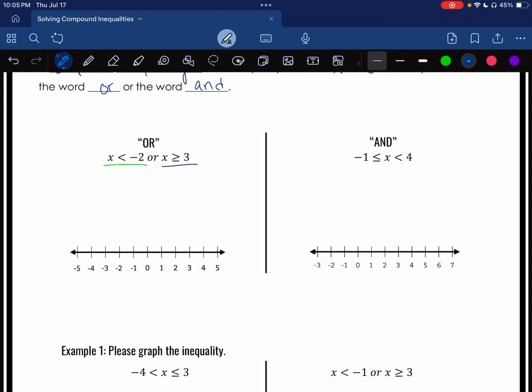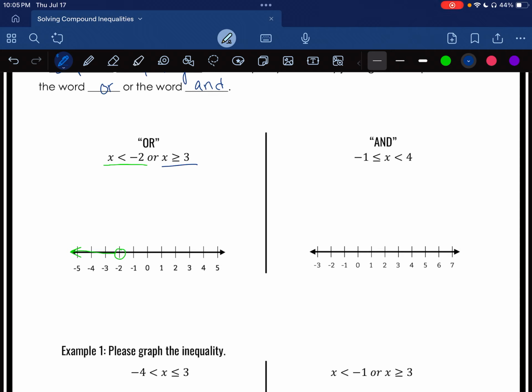All right, so what we're going to do here is graph those separately. So we're going to have an open circle here at -2, and X is smaller than that, so pointing away, or to the left. I'm giving away some information here.